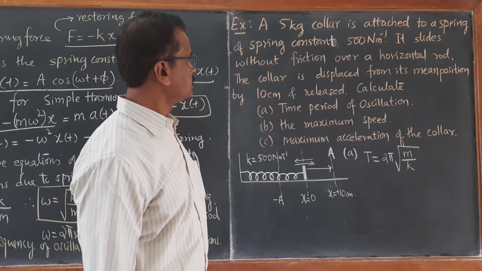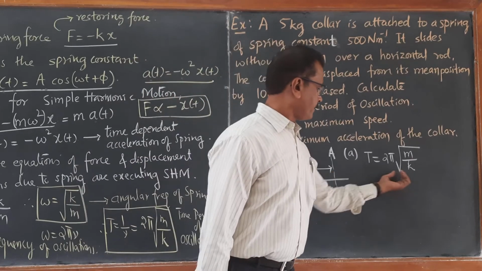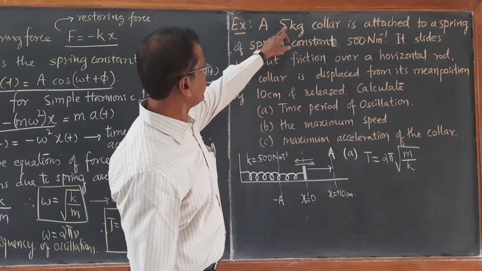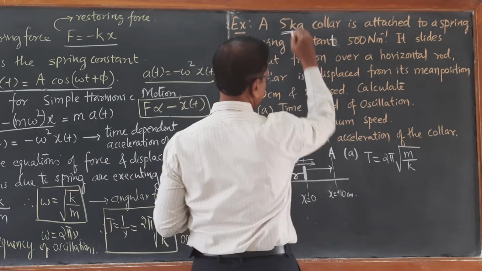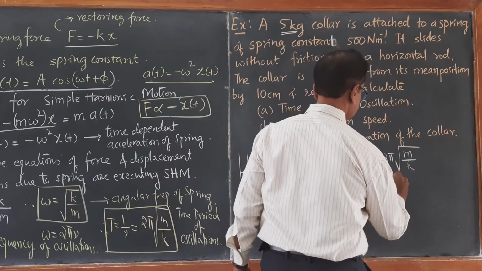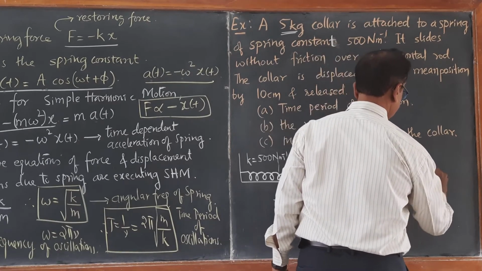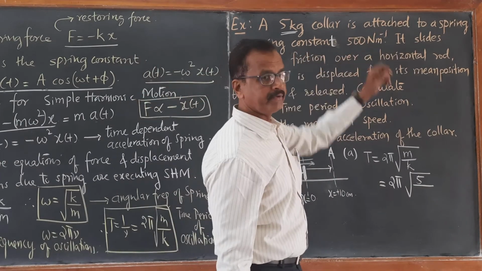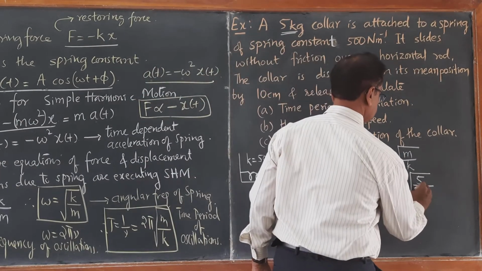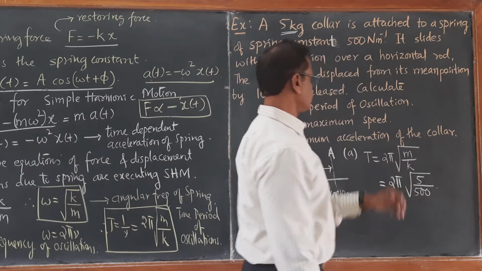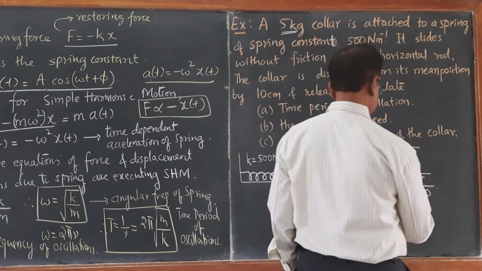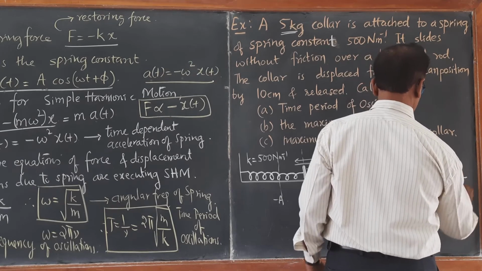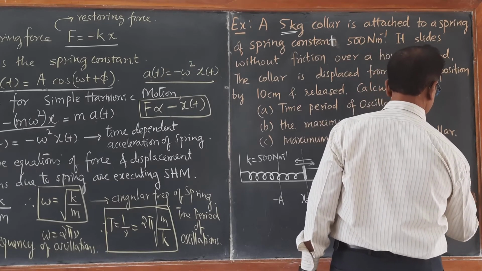We get the value of T. See, the mass of the collar is 5 kg. This is given. Just substitute 2 pi into square root of 5 kg divided by spring constant 500 Newton per meter. So this gives us the time period, which is equal to 2 pi into square root of 1 by 100.